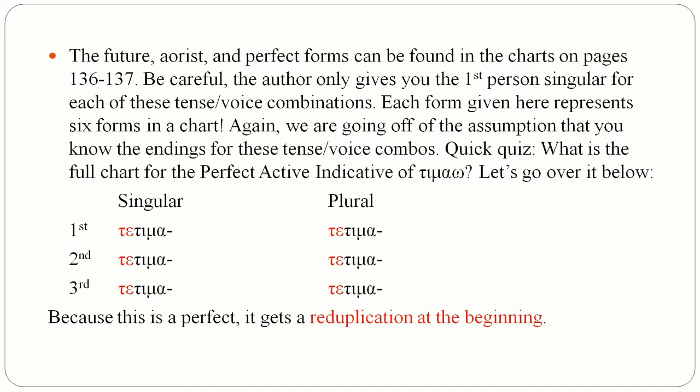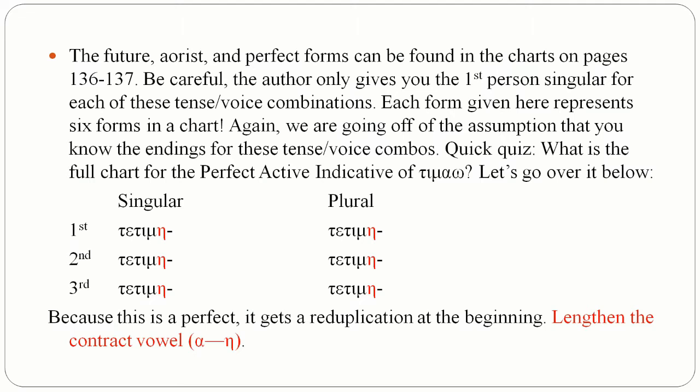Now, after reduplication, what tells us that this is a perfect active indicative? It gets a kappa at the end of the stem, right? But because this is a contract verb, there is one extra step. Before we attach the kappa, we are going to take that contract vowel, that alpha at the end of the stem, we're going to lengthen it in each position to an eta.